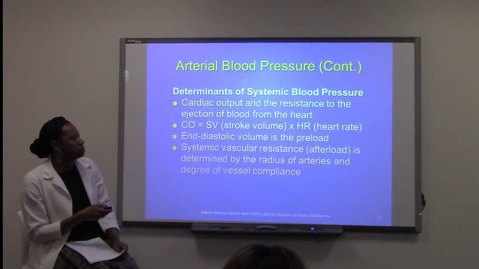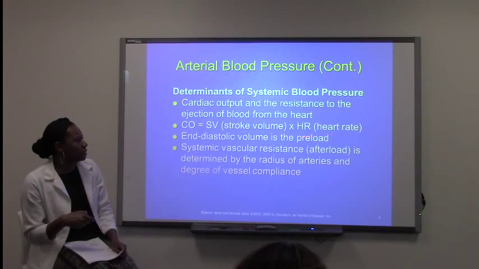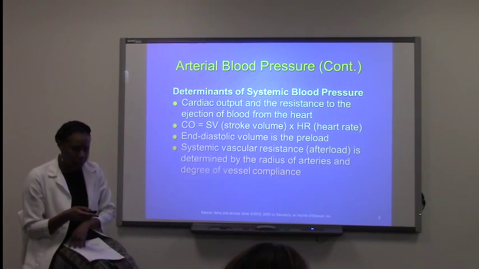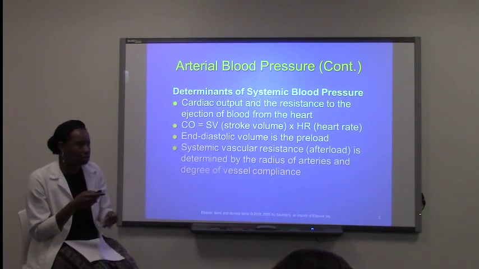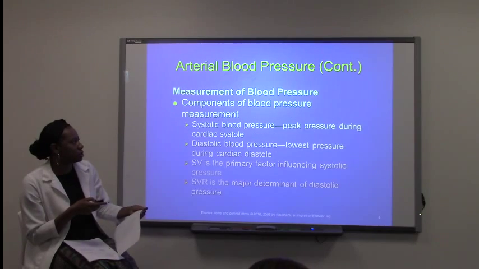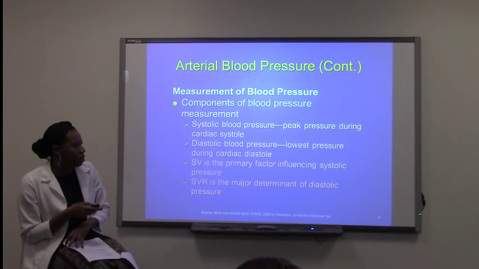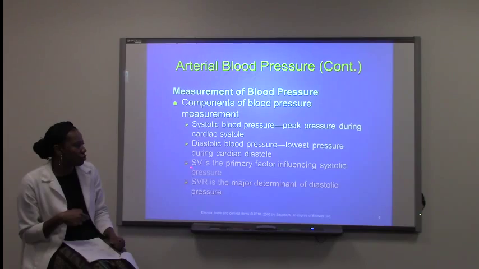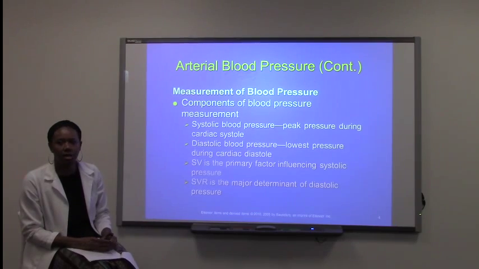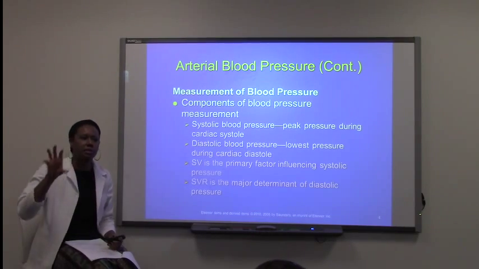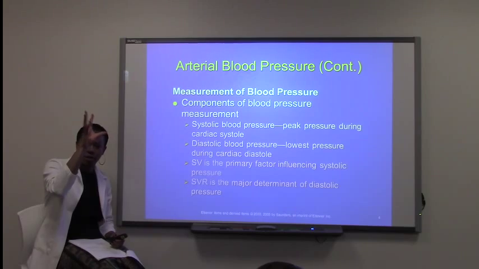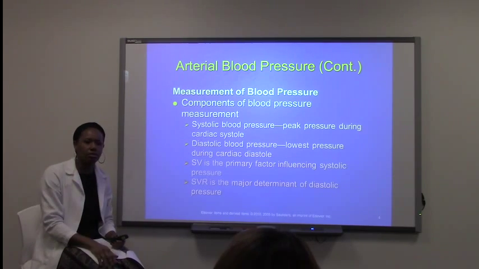Okay. So this goes over preload and afterload. You can read that if you don't remember from physiology, you should, okay, and how that correlates with the cardiac cycle. Systolic blood pressure, we already talked about what causes systolic and what causes diastolic. SV stands for stroke volume. And keep in mind that stroke volume, as you know, is the primary factor that influences the systolic pressure, because stroke volume is the amount of blood that is pushed out of the heart and goes immediately through that aorta.